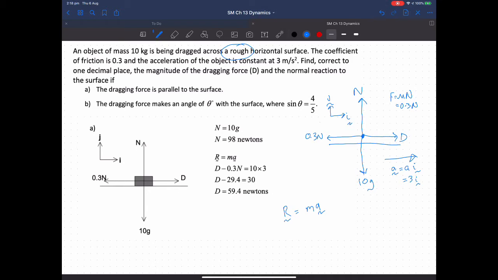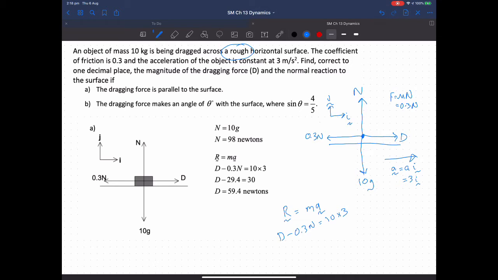I also know that the motion is horizontal, and because the object is not lifting off the surface, we know the normal reaction must equal 10g, so they're in balance, which means D minus 0.3n is our resultant force. We know that the mass was equal to 10, and we know the acceleration was equal to 3. We do not need to write the i's in there.